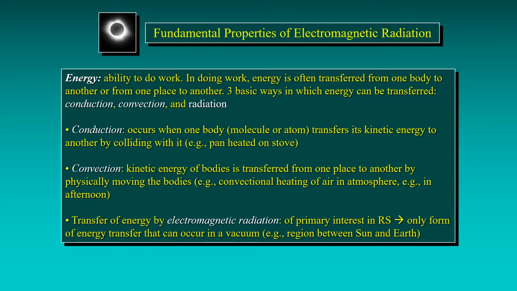Another method of energy transference is convection. And this is where kinetic energy of bodies is transferred from one place to another by actually physically moving those bodies. So a classic example would be convectional heating of air in the atmosphere.